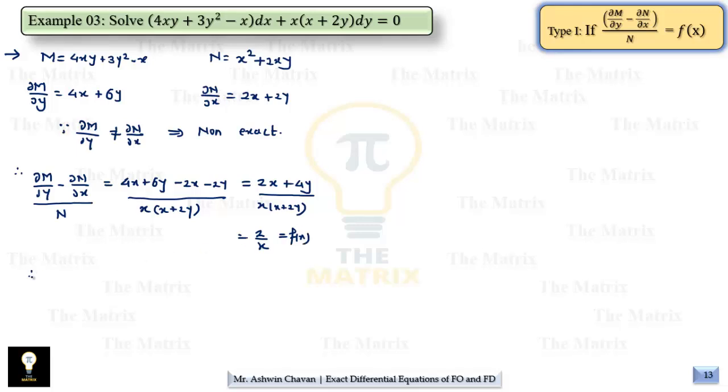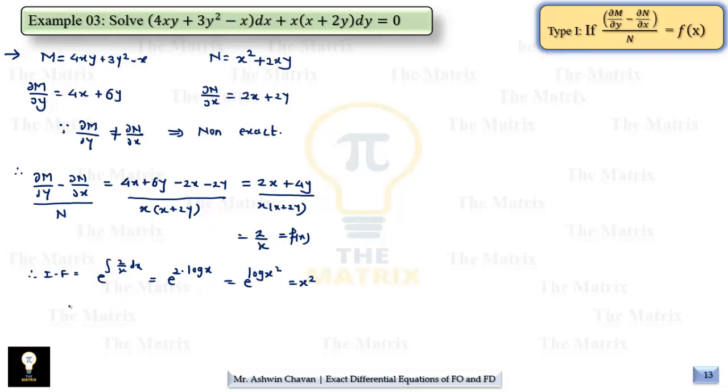Therefore, the integrating factor is e to the power integral of this 2 by x dx. So e to the power 2 outside, the integral of 1 upon x is log x, and that's why it can be e to the power log of x square, and that's simply x square. So this is x square, our integrating factor.